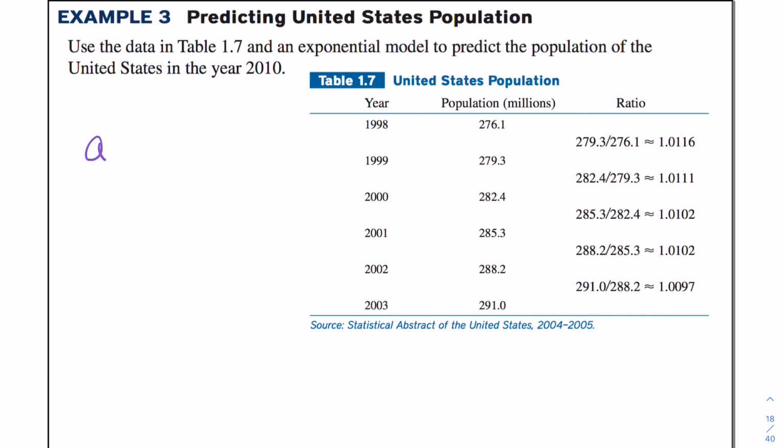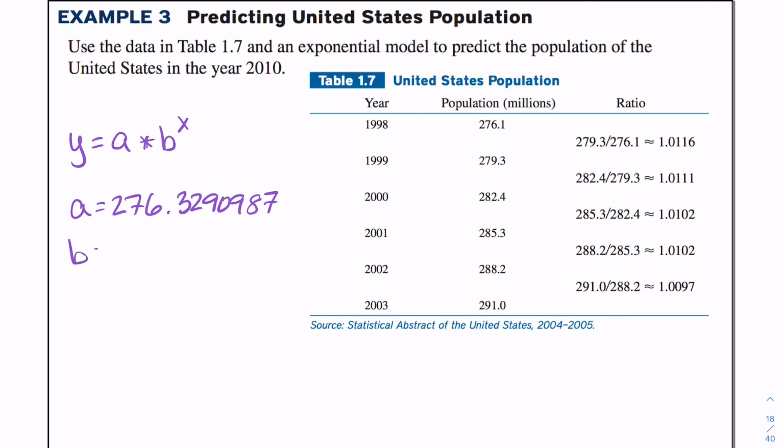It says y equals a times b to the x power. And it says a equals 276.32900987.